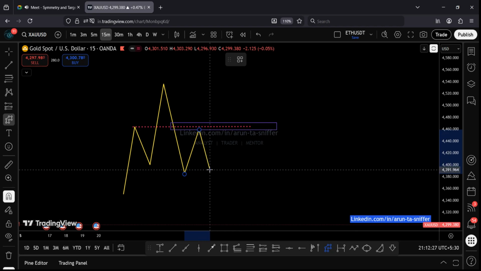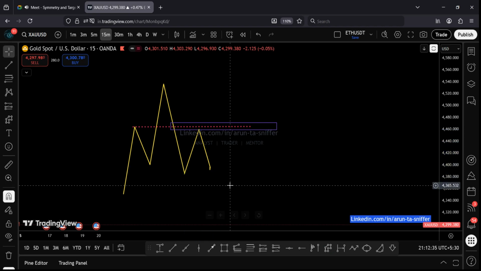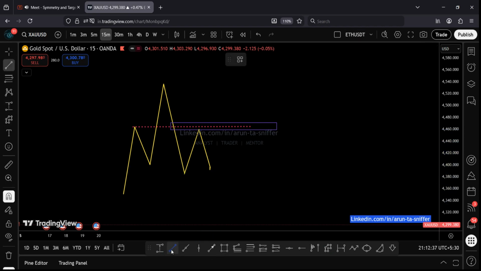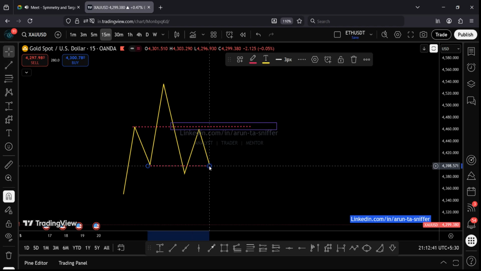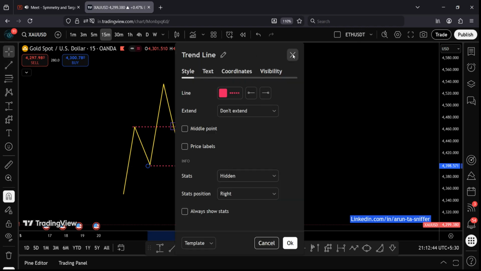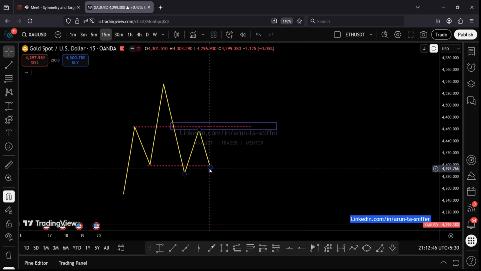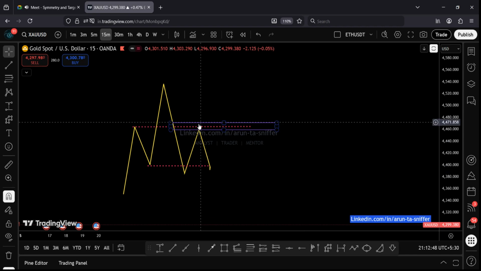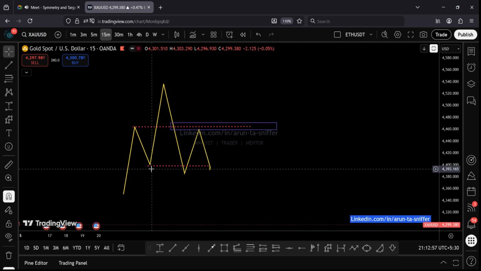So what will be the safest target as per symmetry? Our safest target will be this low. This one will be the safest target. So whenever we are entering here at the QML level or LSK level, the price will come back to this low.